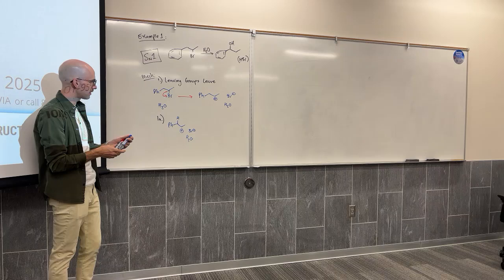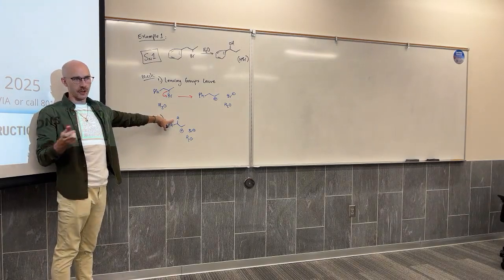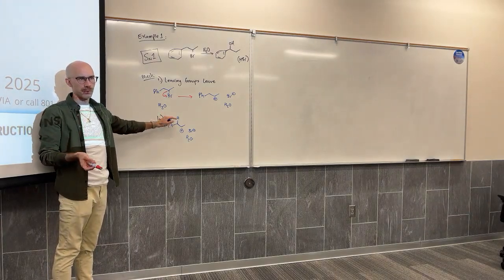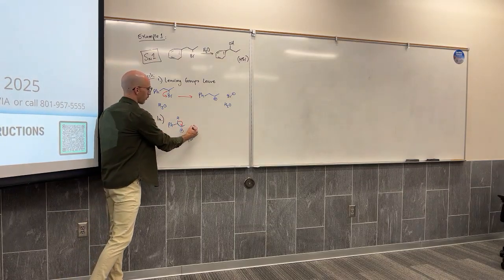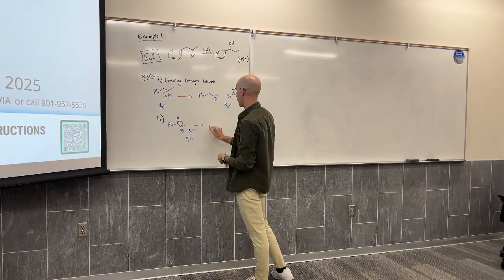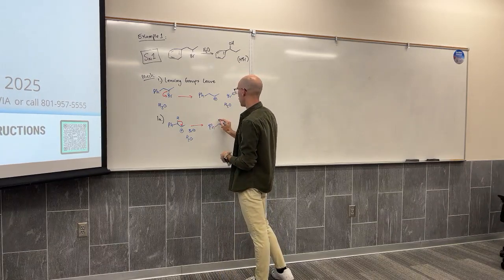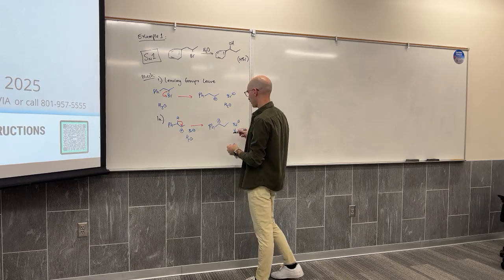So I'm explicitly drawing in one of my benzylic hydrogens. There are two, only one of them is relevant. That hydrogen takes its electrons over, satisfies the carbocation on the right, but leaves behind a carbocation on the left.